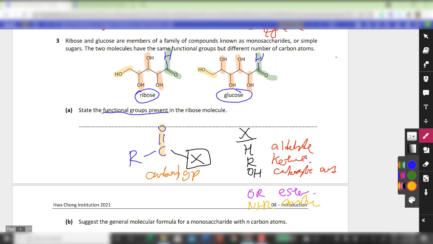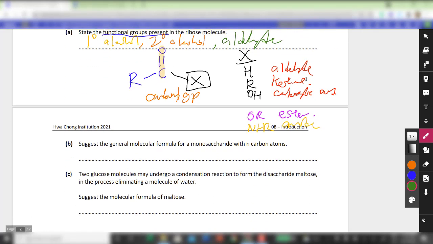So in this case, we have a primary alcohol, a secondary alcohol, and finally an aldehyde, which makes up the two monosaccharides.